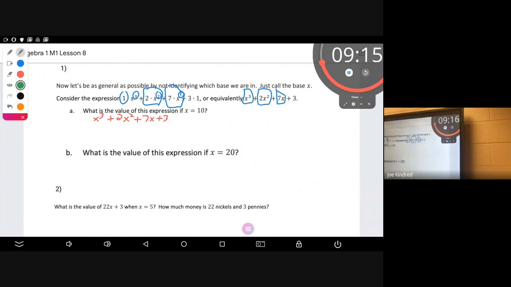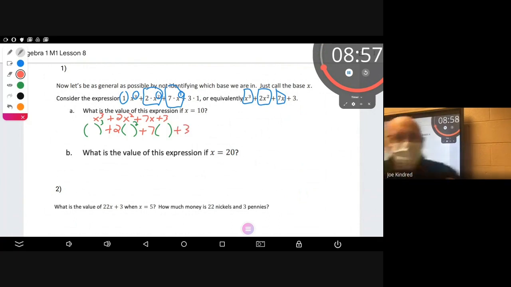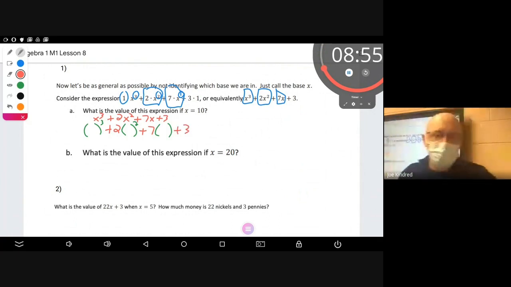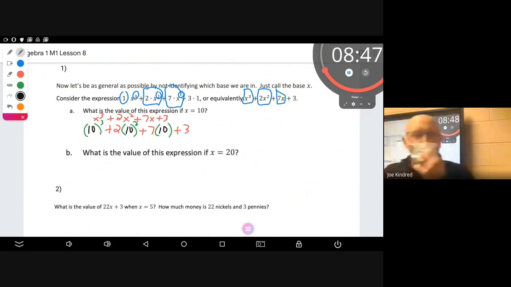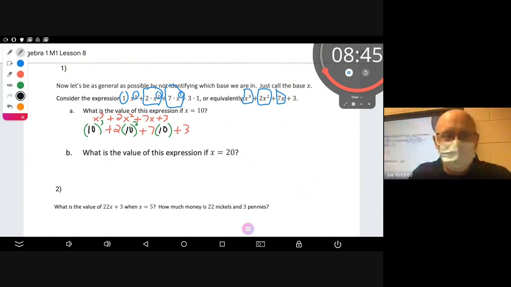And then below, every time I see an x, I'm going to put in parentheses, and then I'm going to substitute in the value of 10 where x is. And this is where I might go to my calculator, in case these big numbers happen to be more than my mental capacities can stand.